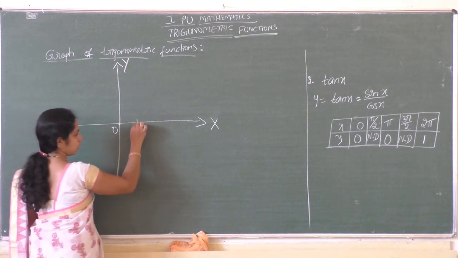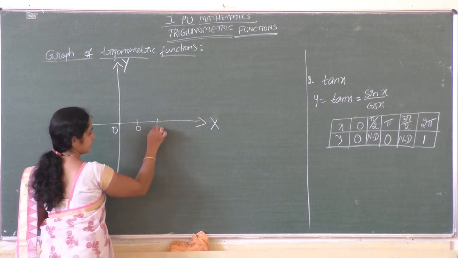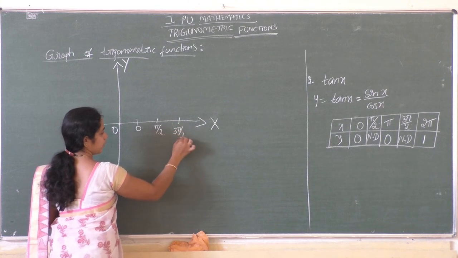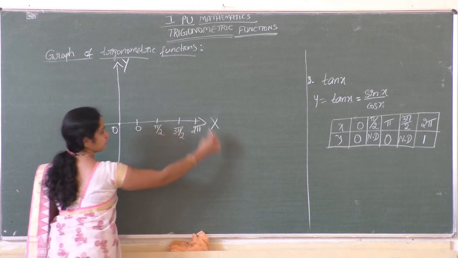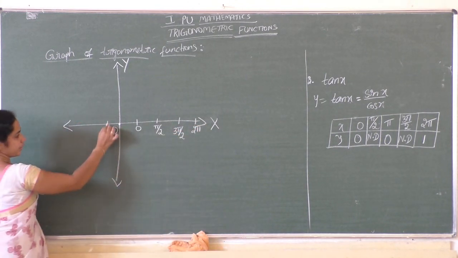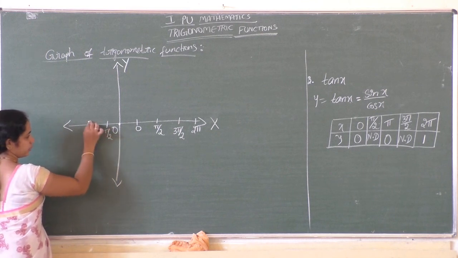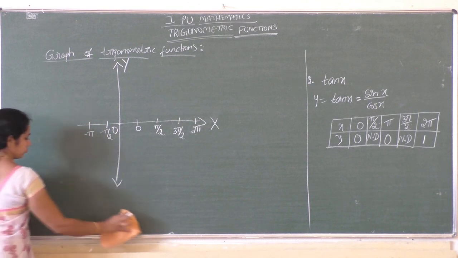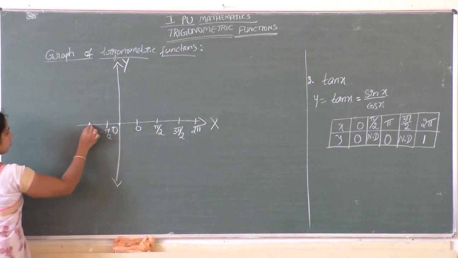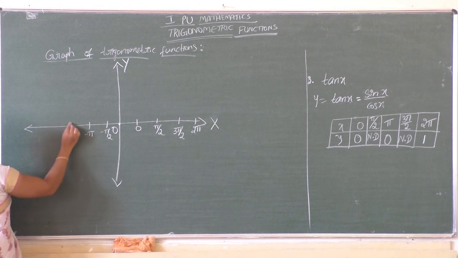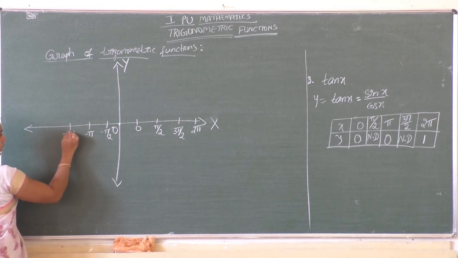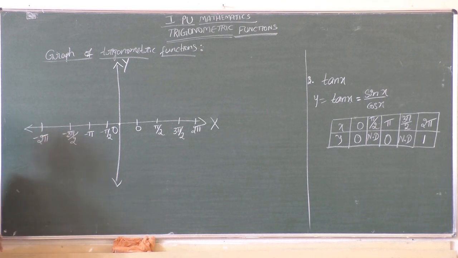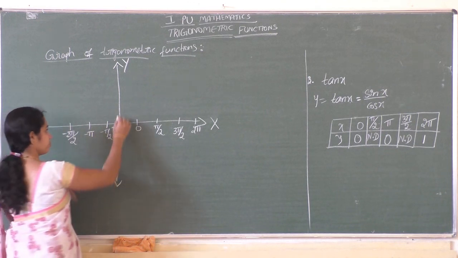Take radian values on the x-axis: 0, pi by 2, pi, 3 pi by 2, 2 pi. On the negative side: minus pi by 2, minus pi, minus 3 pi by 2, minus 2 pi.